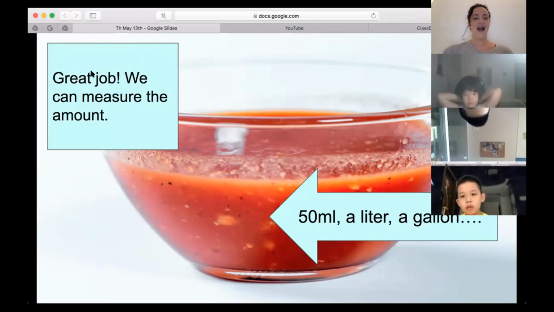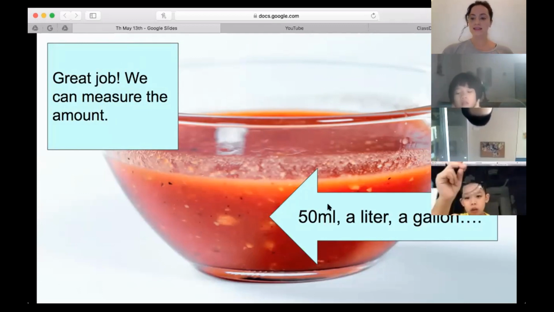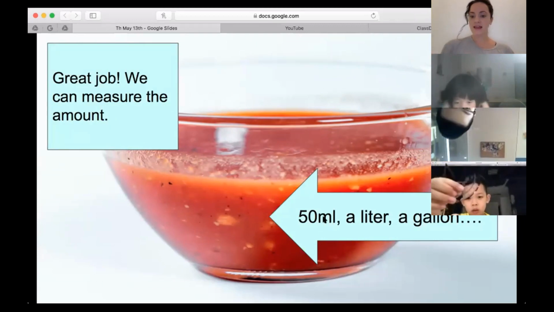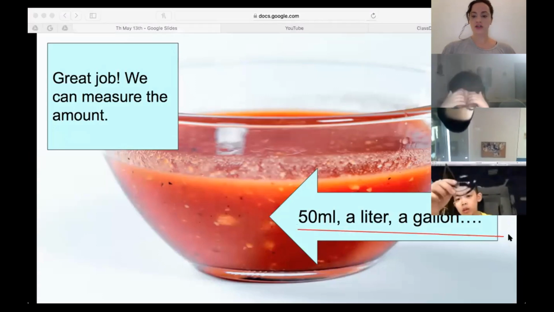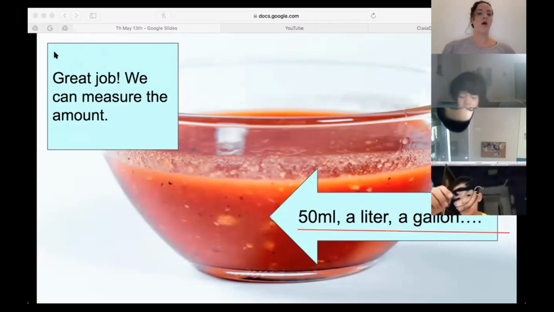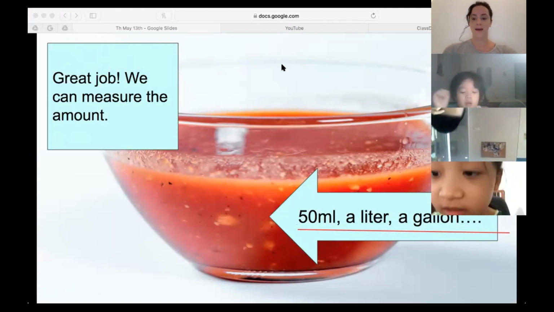All right, great job. We can measure the amount. These are words we can use to measure liquids. So, let's all say this is 50 milliliters. That is the volume. That's how much space it takes up.